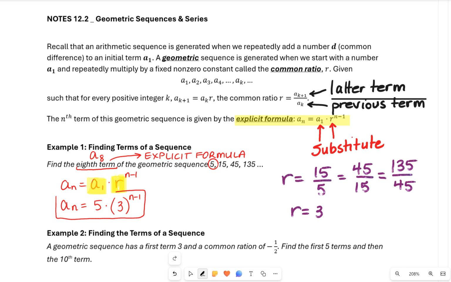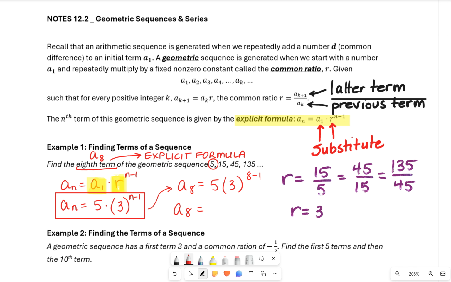That explicit formula helps you find whichever term you are looking for. I specifically asked to find a sub 8. So if I'm going to replace a sub n with a sub 8, the 8 is replacing the n value, which means when I rewrite the formula, I put the 8 in for the n, and I just type that whole thing into the calculator.